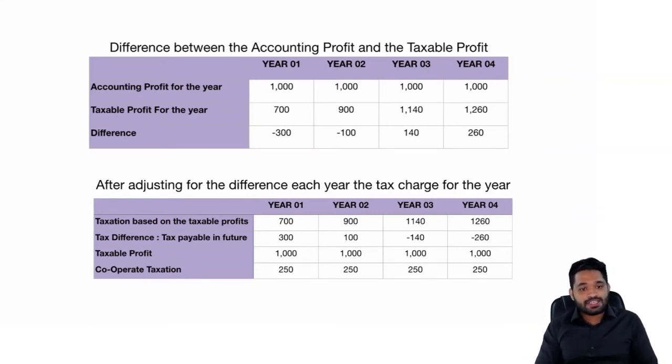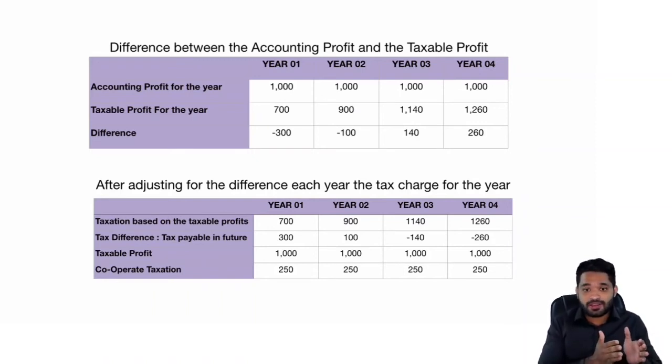In the second year, it was lower by 100, so I added that 100. In the third year, it was higher by 140, so to eliminate that difference, I remove 140. In the fourth year, it was again higher by 260, so I remove 260.